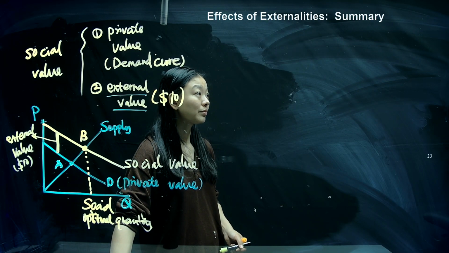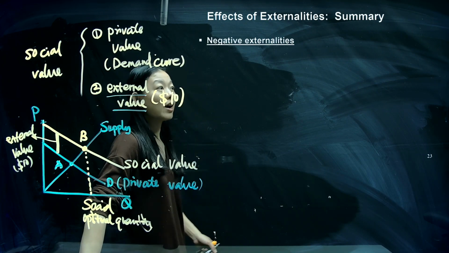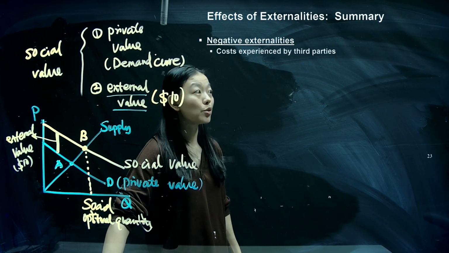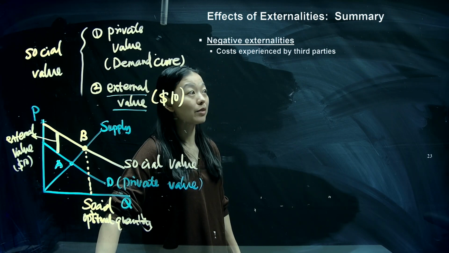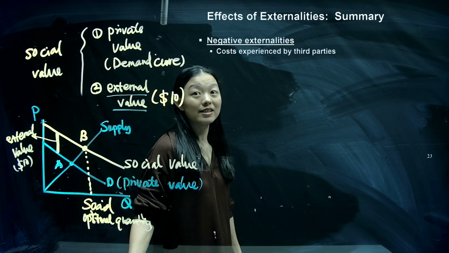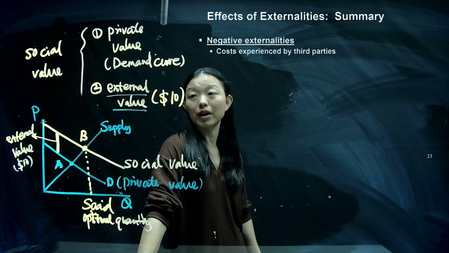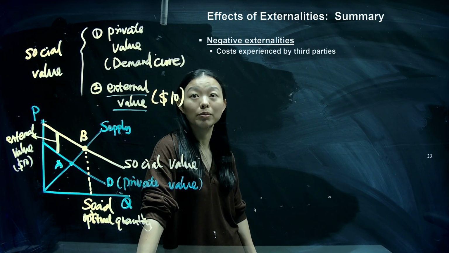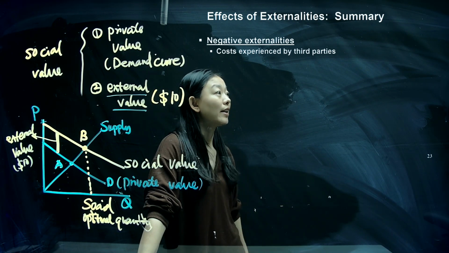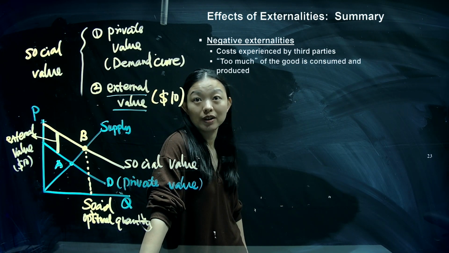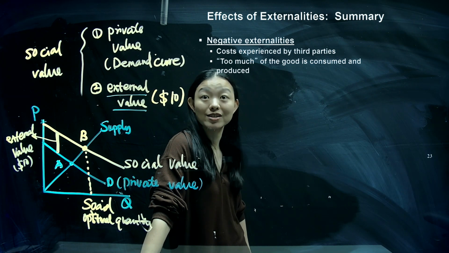If there are negative externalities, the cost will be experienced by the third party. Like gasoline, using more gasoline will create much more external cost on the people. And too much of the good is consumed and produced if it is a negative externality.